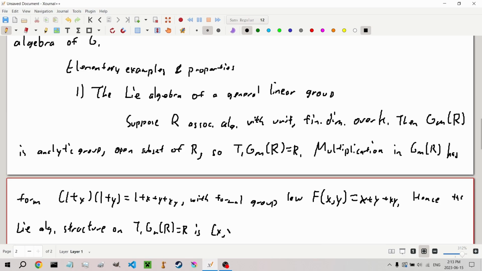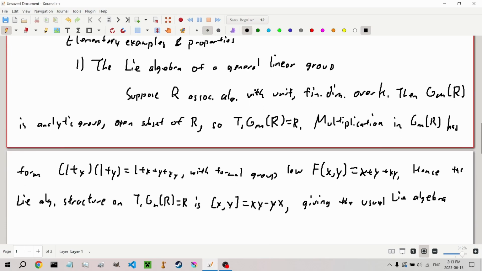So our bracket is going to be xy minus yx, the standard matrix bracket, which will, of course, as you saw, give the usual Lie algebra structure when R is the endomorphism ring of a finite dimensional vector space.